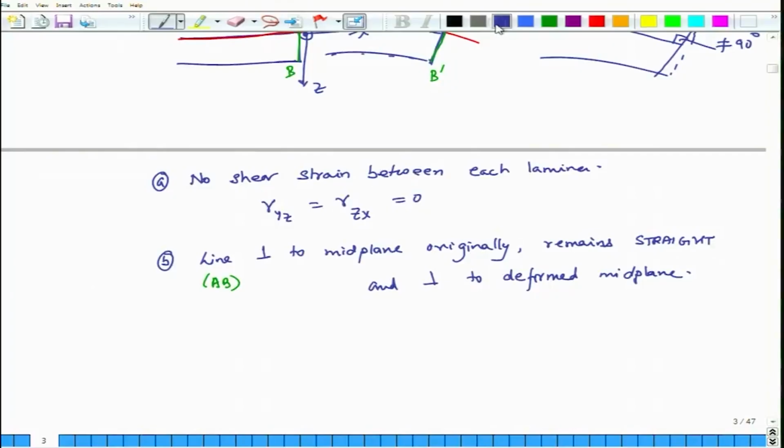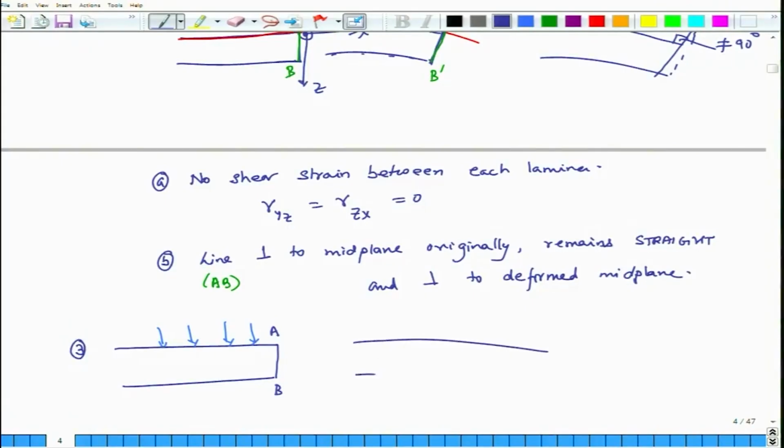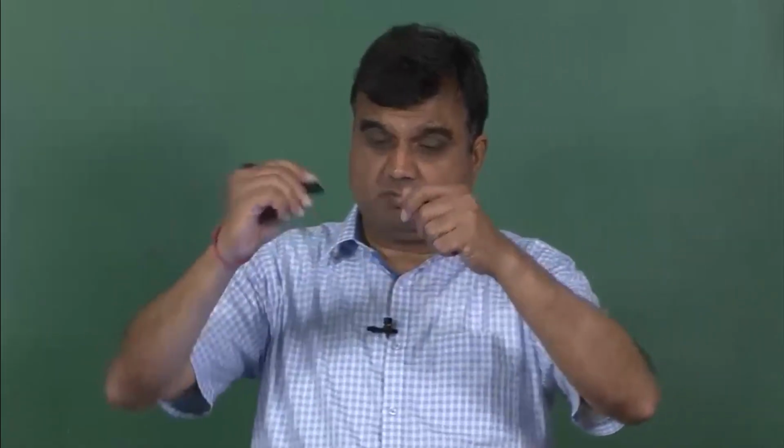So, this is the second thing. And the third assumption we make is that whenever we have a composite plate, its thickness is represented by line AB, and when I put some external load on it, the plate may bend and twist and do all sorts of things, but one thing will not happen: the length of line AB will not change, because all the external loads are only causing the plate to bend.